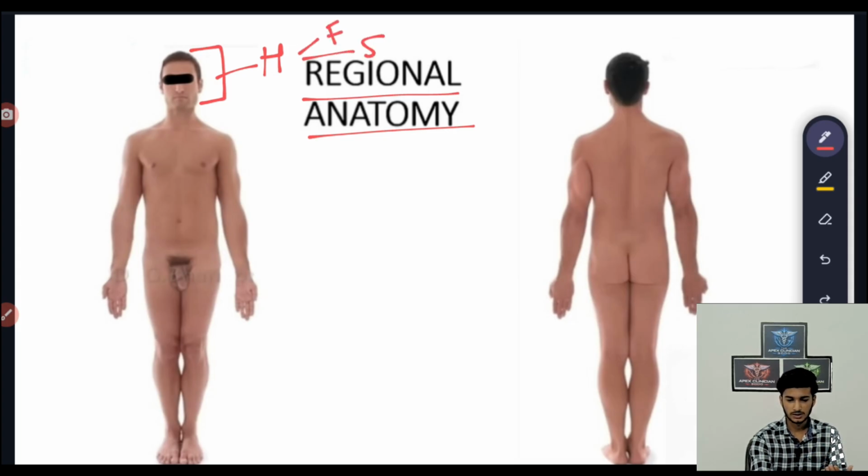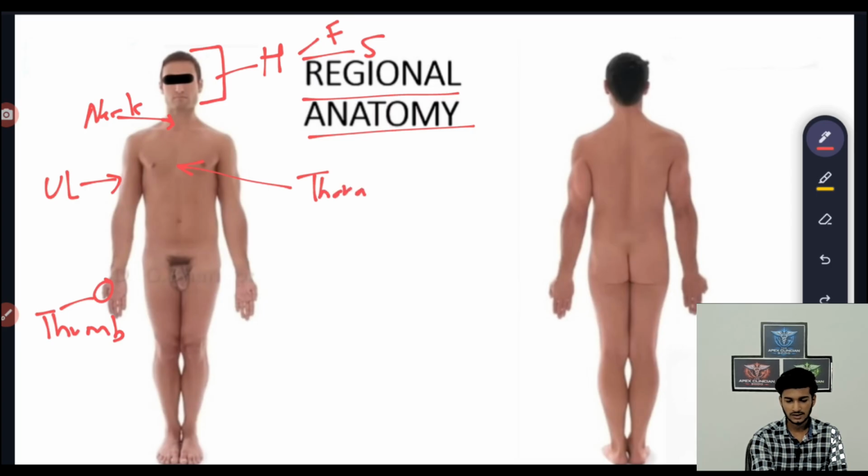Apart from this, below the head, there is a structure called the neck.